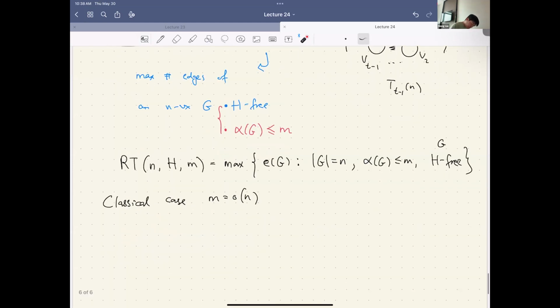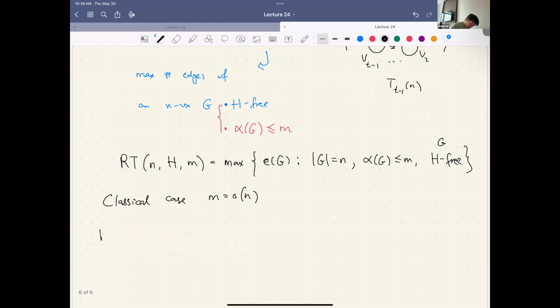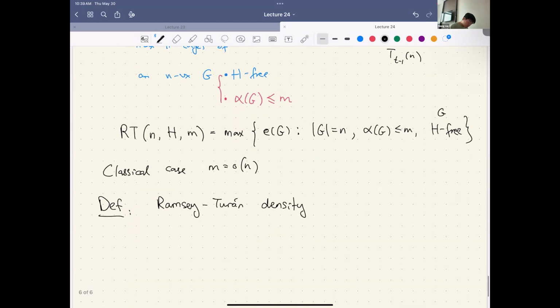Formally, we're going to define the Ramsey-Turan density, which I denote by rho(H) of a graph H, to be the following.